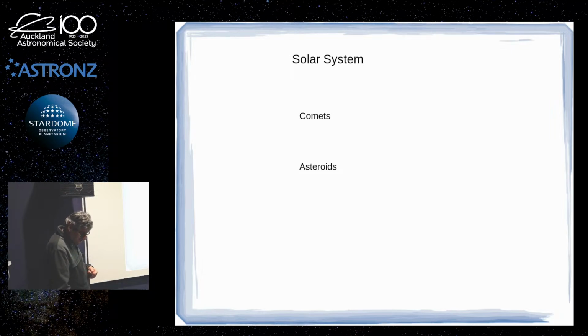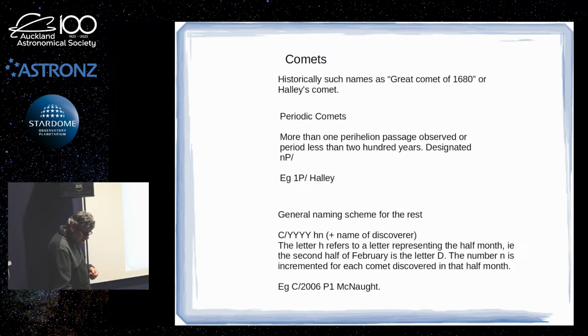So there's a scheme for comets and asteroids. Comets were given names in the past, like the Great Comet of 1680 or whatever, because it was a particularly impressive comet. Halley's Comet got named after Halley, not because he discovered it, but because he applied Newton's laws of planetary motion and predicted its return.